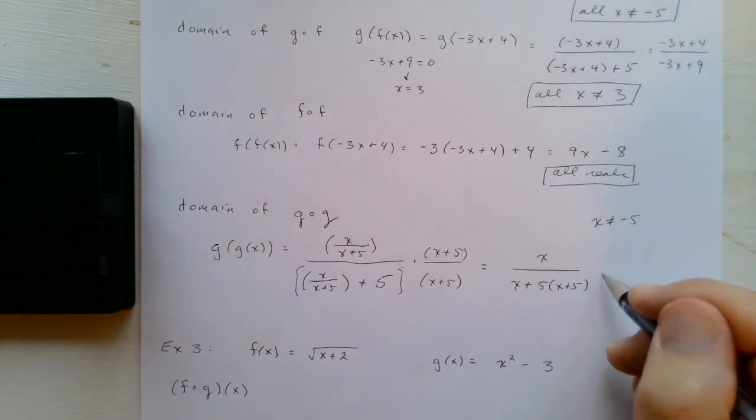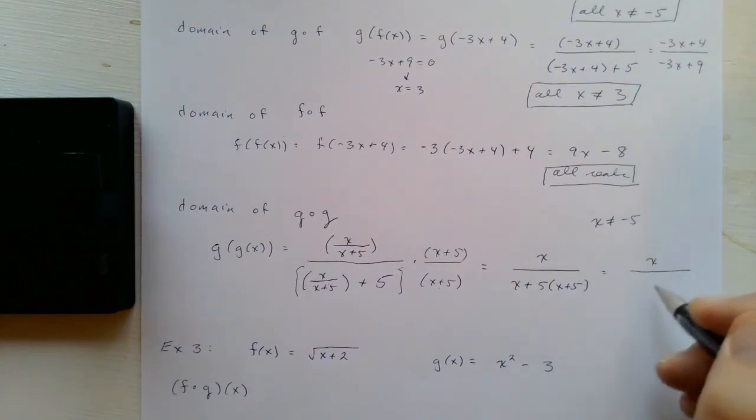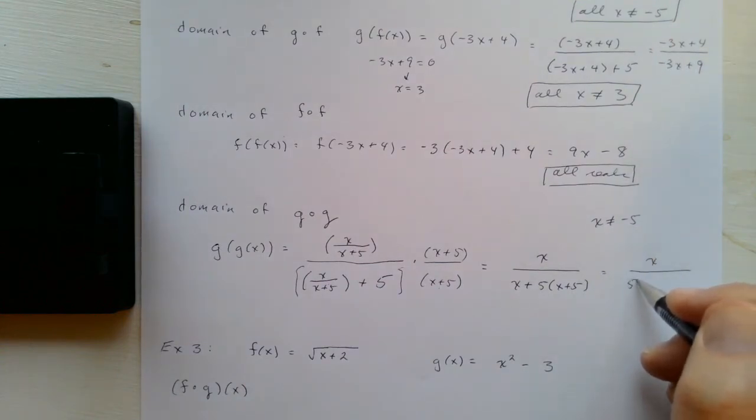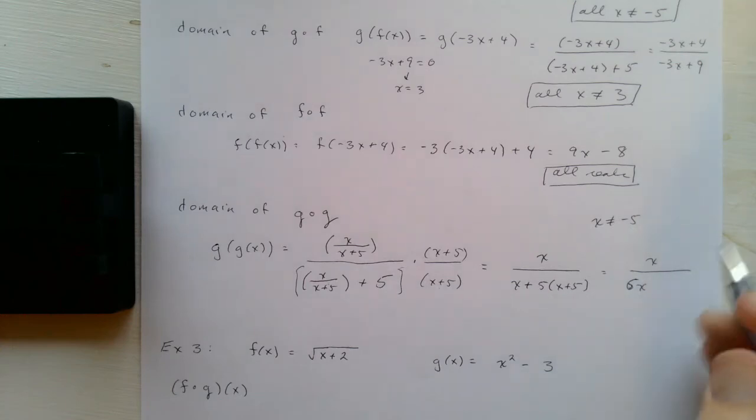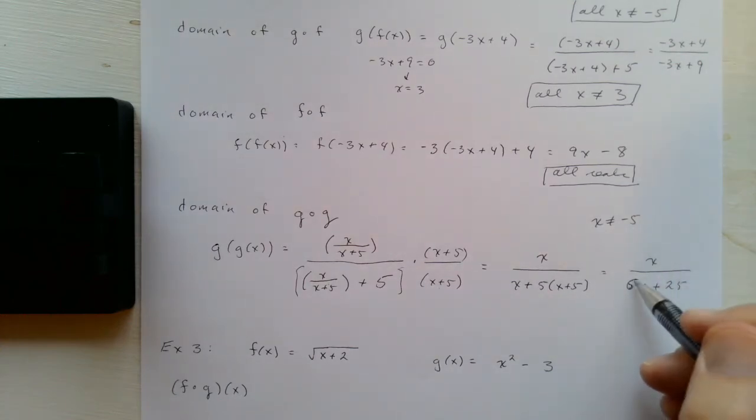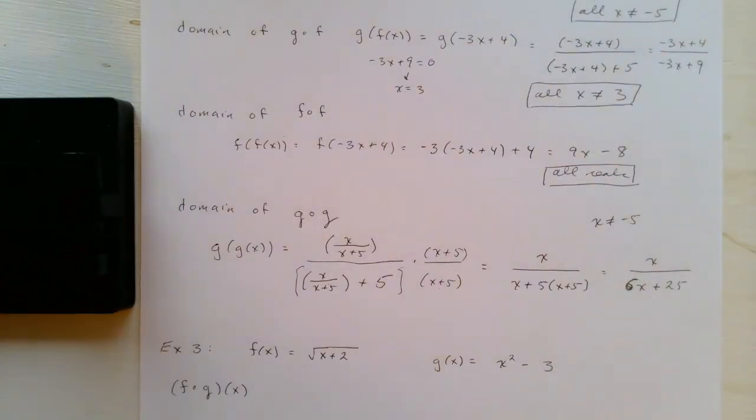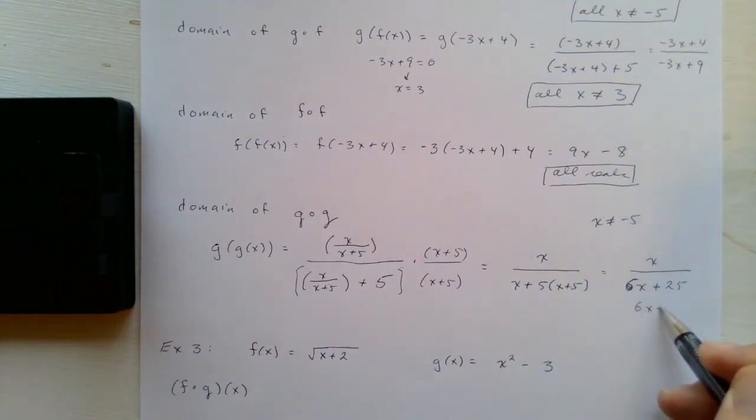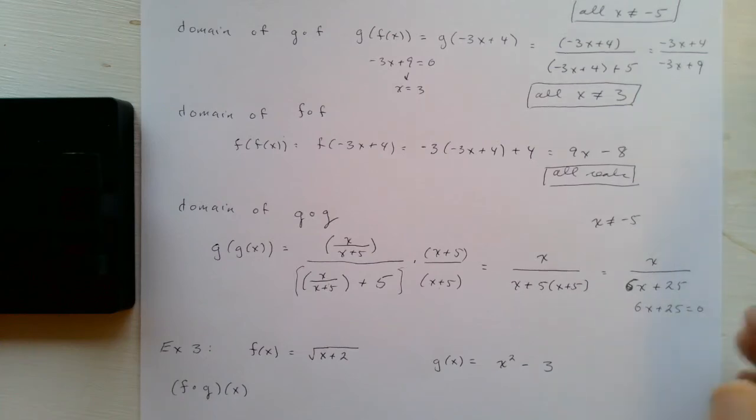And this is going to be x over, actually it'll be 6x plus 25, because we have this x plus 5x plus 25 is 6x. So we set 6x plus 25 equal to 0.